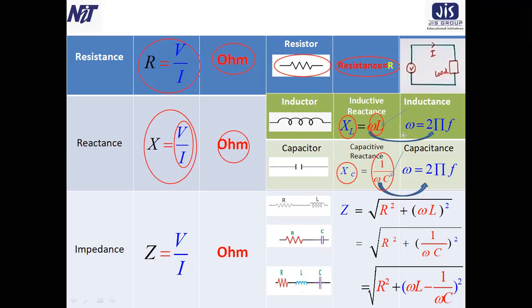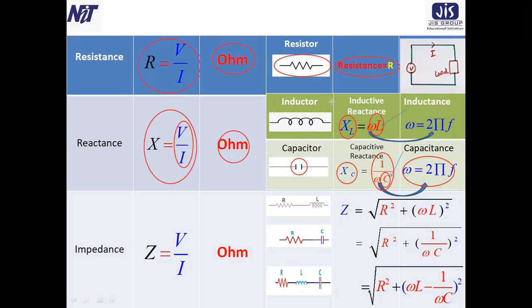What is L? L is the inductance. And omega is 2 pi F. Now for a capacitor, if someone asks you to find the reactance, it is called the capacitive reactance, where XC equals 1 by omega C. Here C is the capacitance, and omega is 2 pi F. So for resistance, R equals V by I. For reactance, X equals V by I. Reactance is of two types: inductive reactance and capacitive reactance.